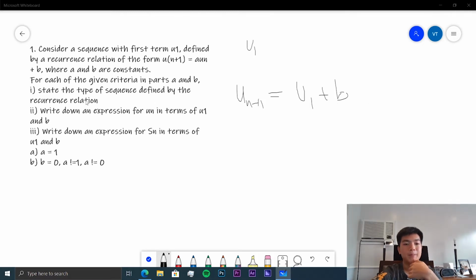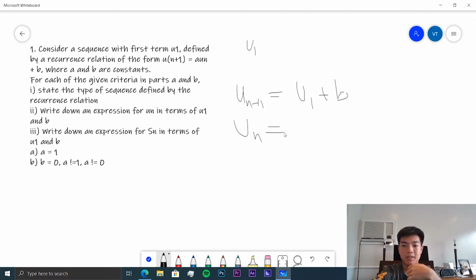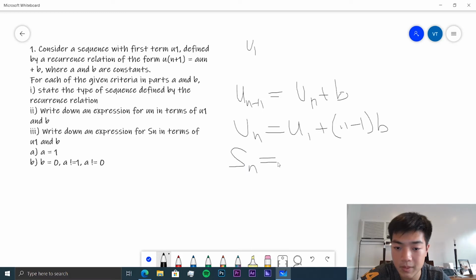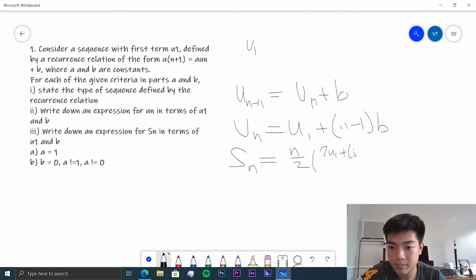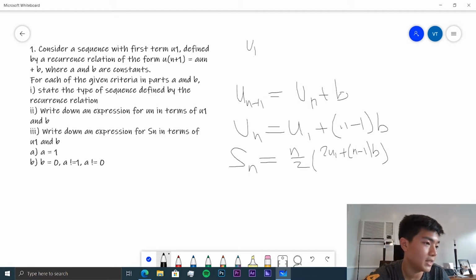So the expression for un in this case would be equal to u1 plus n minus 1 times b. It's just an arithmetic series. And then the sum of the first n terms would be equal to n over 2 times 2u1 plus n minus 1 times b. Yeah, because that's the sum of an arithmetic series.